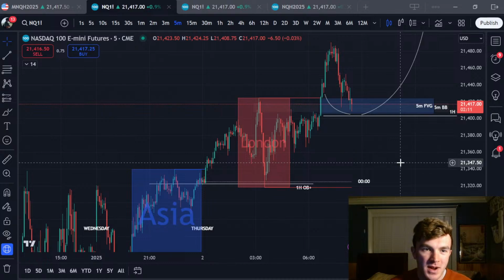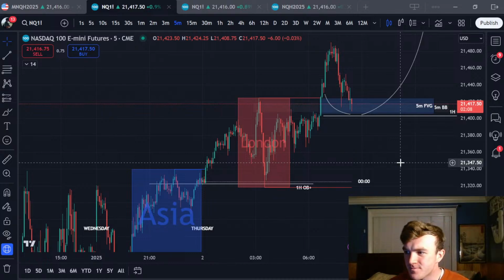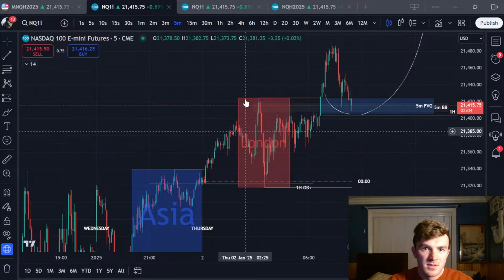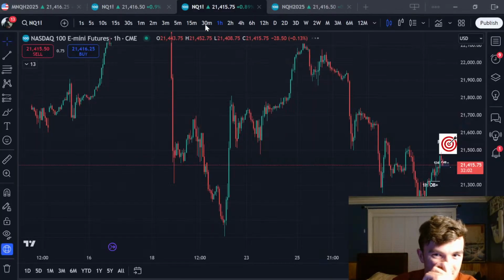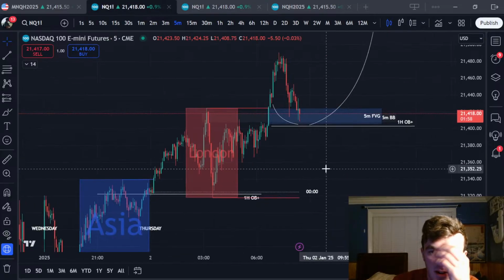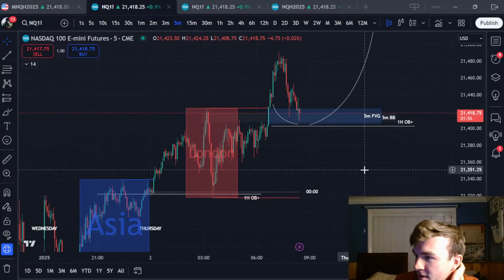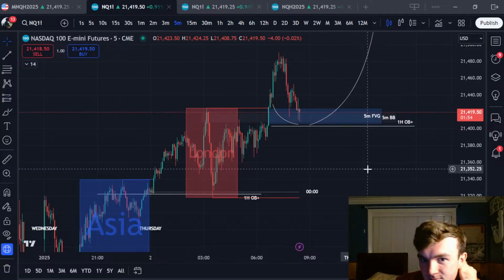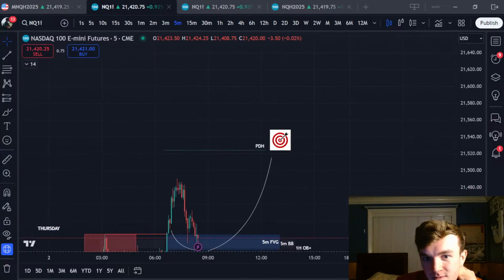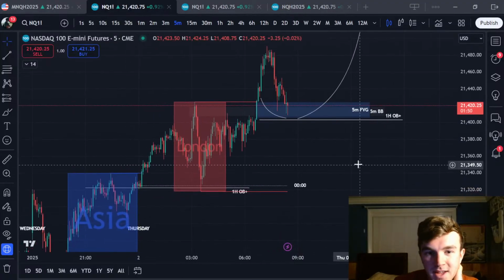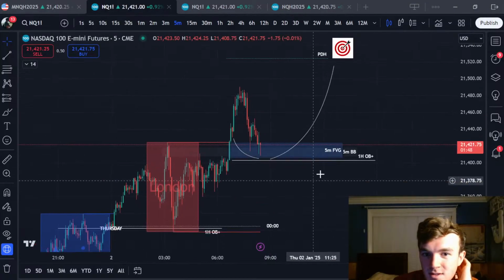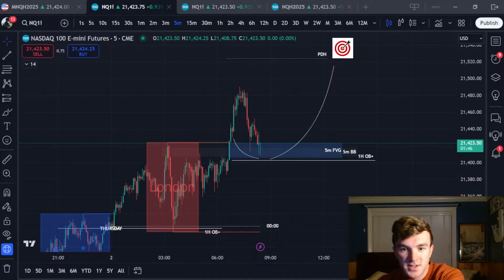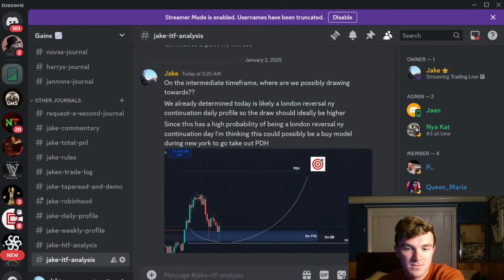Yeah, I guess we need to do higher time frame analysis still. So we should probably do that. I just don't want to get rid of the stuff that I already drew on the chart is the thing. I don't really have a choice. I need to get rid of it. I already took a screenshot of it, so yeah.